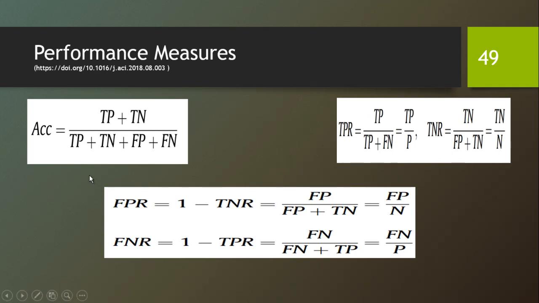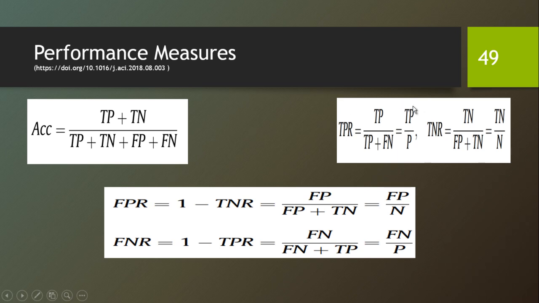Excuse me. And equal error rate based on these formulas. TPR is also called the recall, or also termed sensitivity. Similarly, the true negative rate is also called specificity.